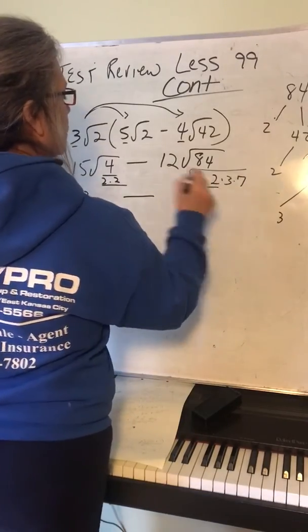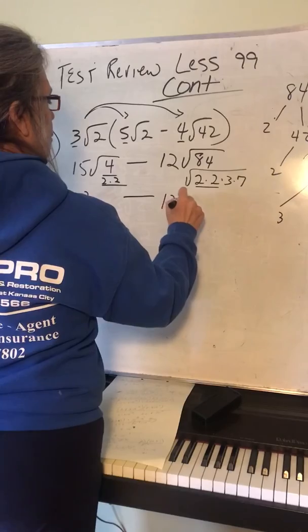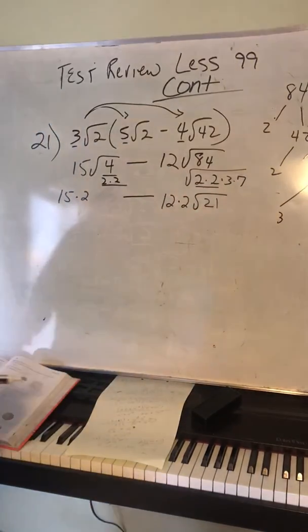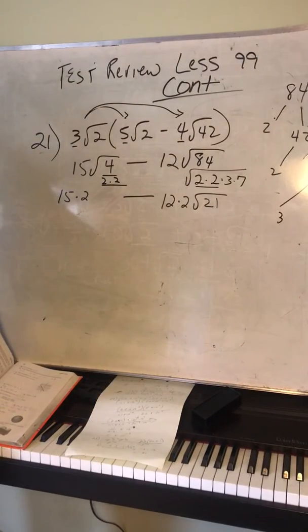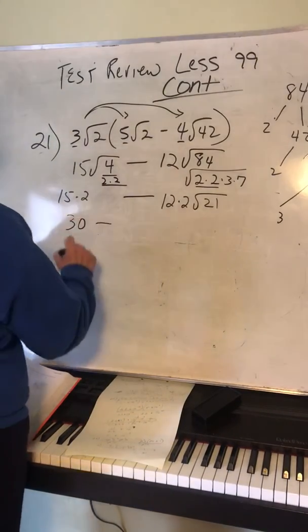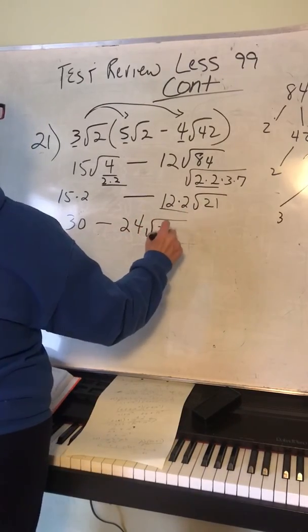You're going to pull out the 2 here, so you're going to make it 12 times 2, and then the square root of 21. So now we have 30 minus 24, multiply those two, square root of 21.